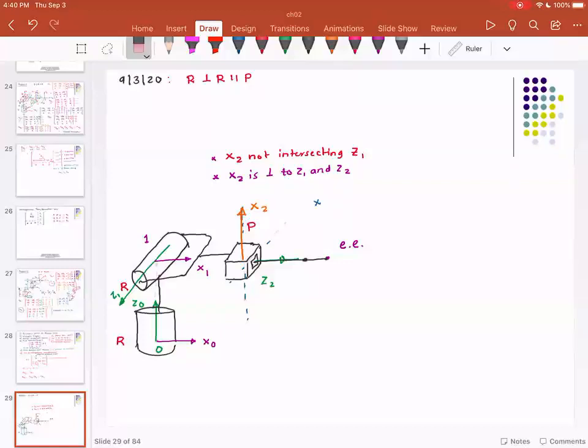So I'm going to stick to this convention for the time being. Again for the end effector, always remember the coordinate system of the end effector. It's easier if it is aligned with the coordinate system of the joint before the end effector. That always helps. So I'm going to state Z3 and X3 like this.